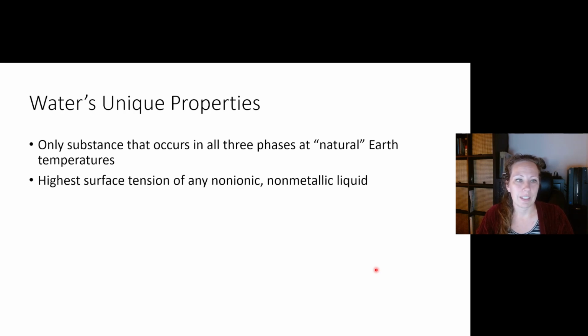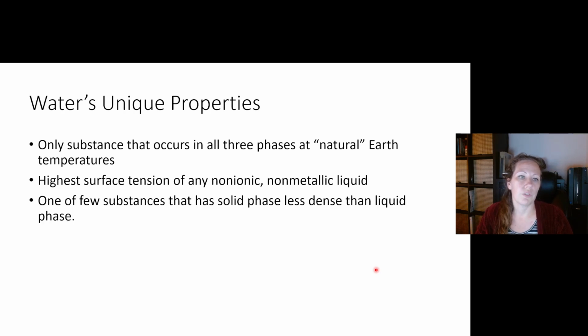It has the highest surface tension, and we'll talk about surface tension quite a bit in a little bit, of any liquid that is non-ionic and not metallic. Okay, so we're not counting mercury, for example. It is one of the few substances that has a solid phase that is less dense than the liquid phase. So what that means is ice floats, right?